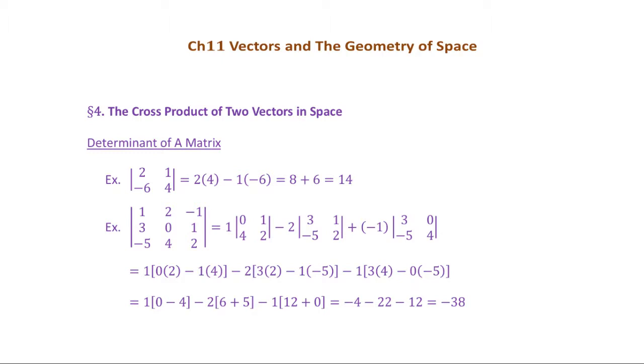Okay. How about the 3 by 3 matrix? So this time we find the determinant of this 3 by 3 matrix: 1, 2, -1, 3, 0, 1, -5, 4, 2. You just expand by the first row. So you pick the first number on the upper left, which is 1, and then you delete the first row and the first column.